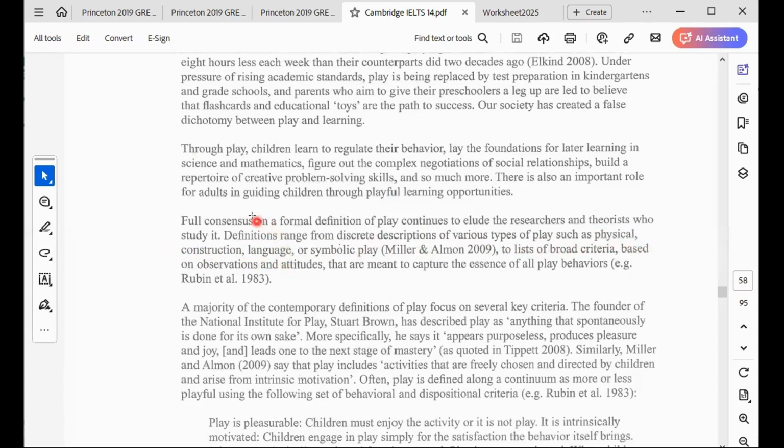So these ones are defining. Full consensus on the formal definition of play continues to elude researchers and theorists who study it. Definitions range from discrete descriptions of various types of play. That's Miller and Almond.